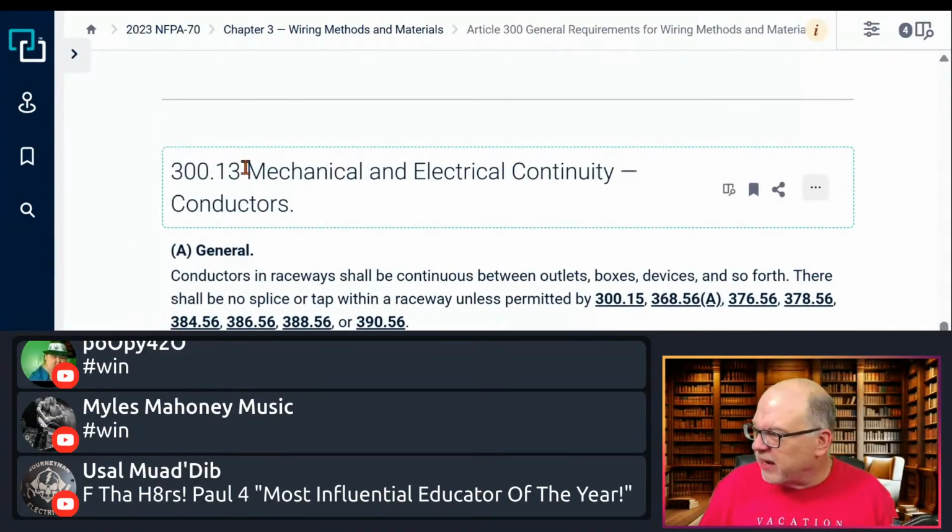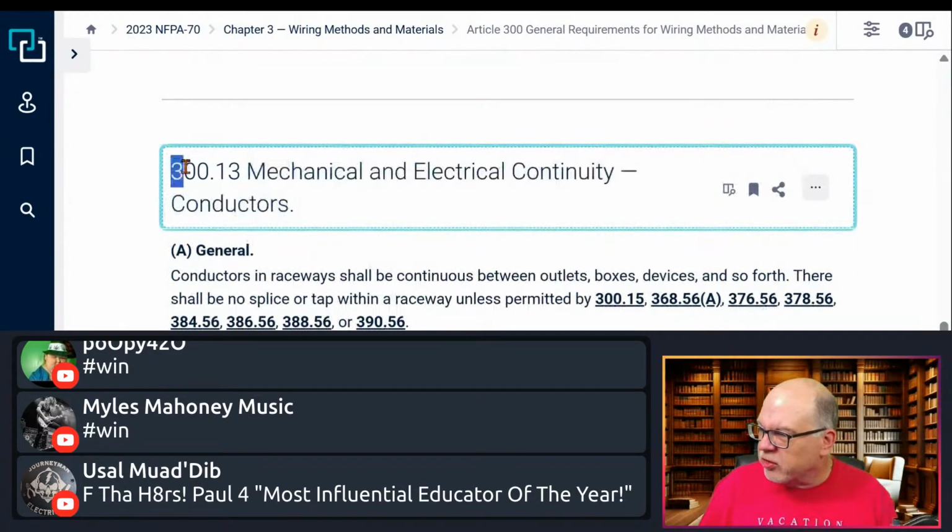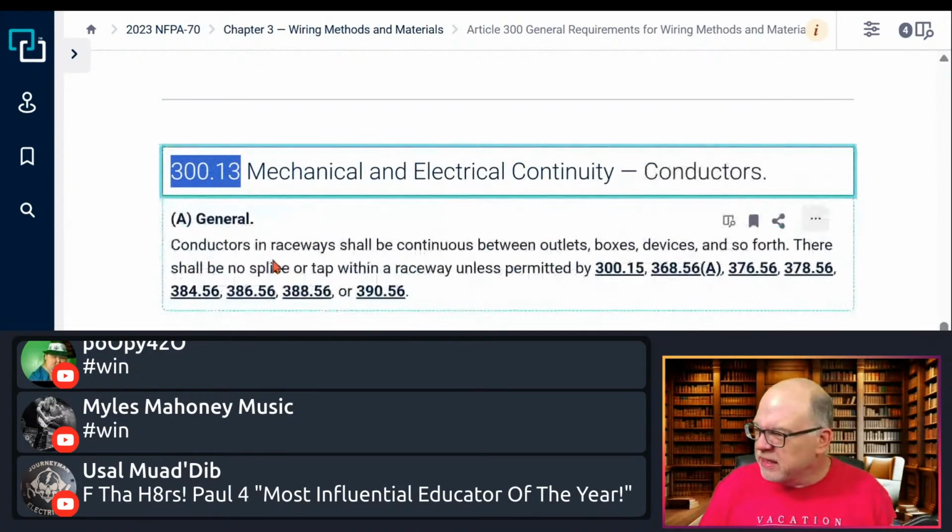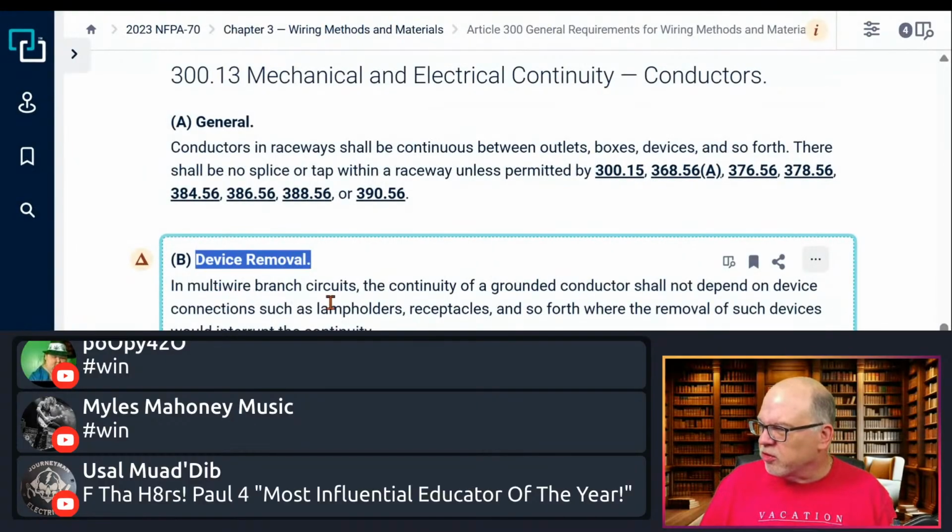So this is mechanical and continuity of conductors, 300.13. This is another one to be aware of: device removal. That's what we're talking about.